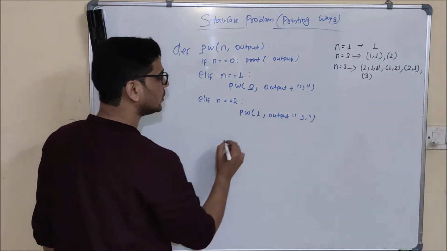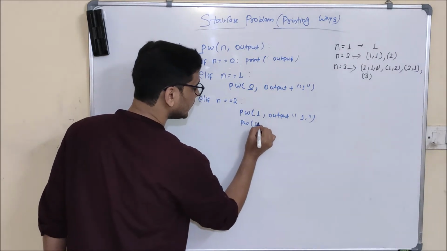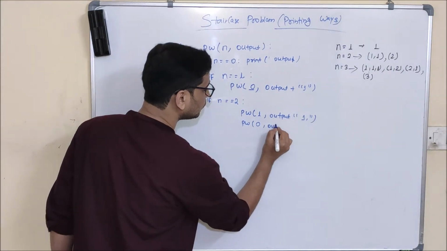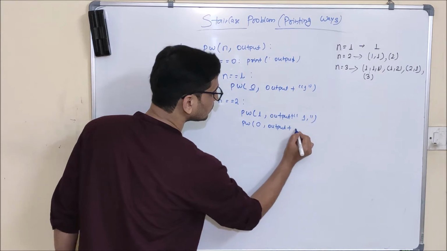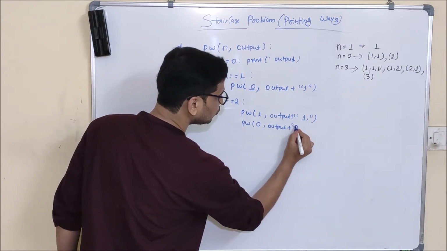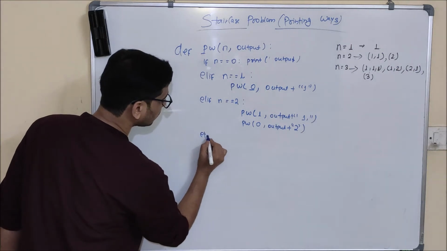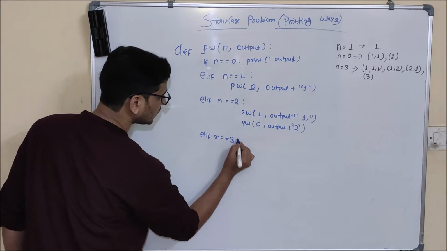The second option is a 2-step jump: the number of steps remaining will be 0, and in output I will append 2.